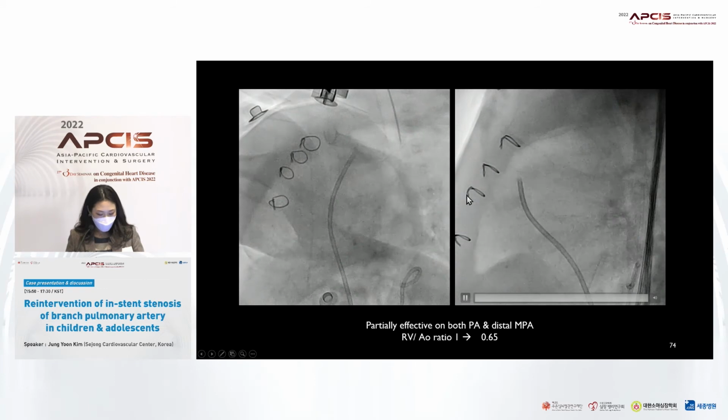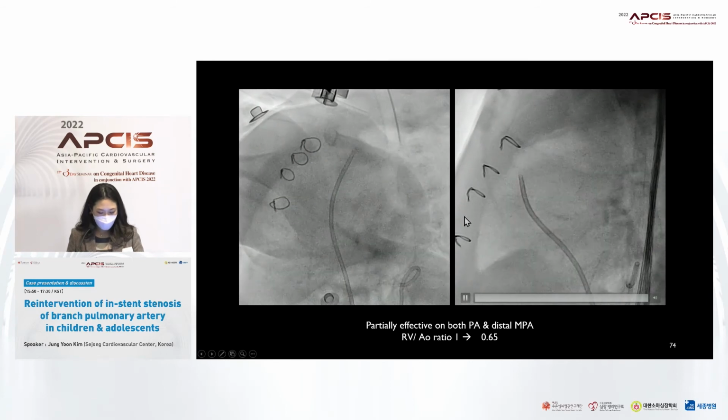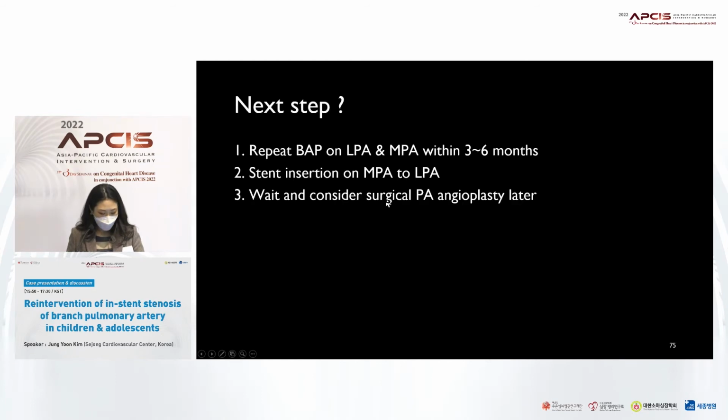The procedure was, we think, partially effective on both PAs and the distal MPA. RV aorta ratio dropped from 1 to 0.65. So what is your next step? One is repeated balloon angioplasty of the LPA and MPA within 3 to 6 months, and number 2 is stent insertion from MPA to LPA, and wait and consider surgical PA angioplasty later.